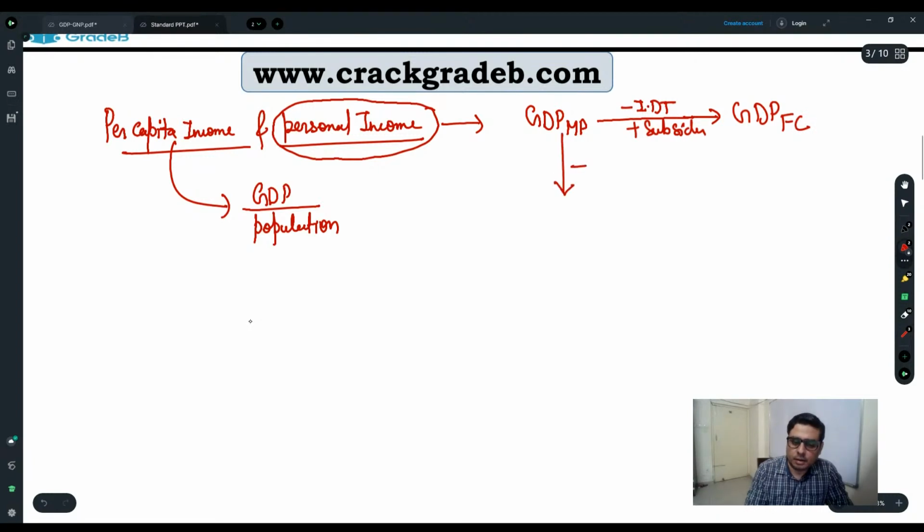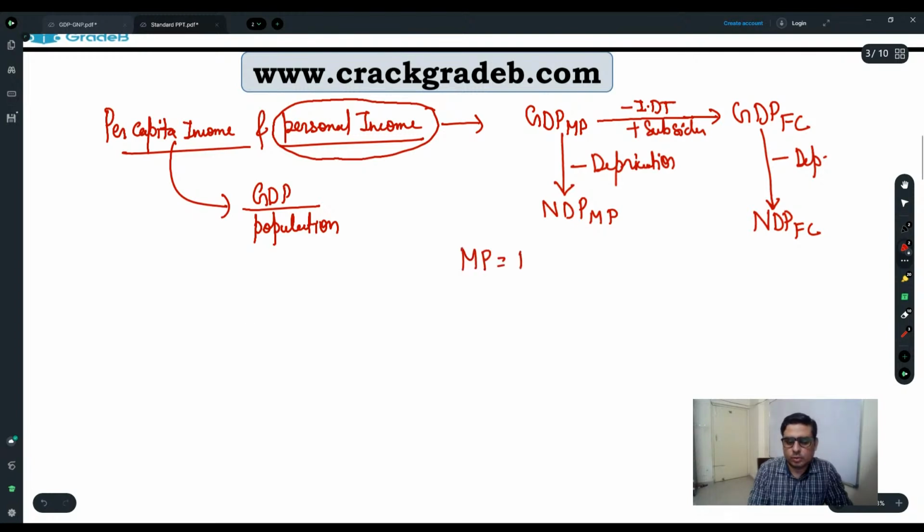If we reduce depreciation from here, we get the NDP at market price. And from here, subtracting depreciation, we get NDP at factor cost, because market price is equal to factor cost plus indirect taxes minus subsidies, right?